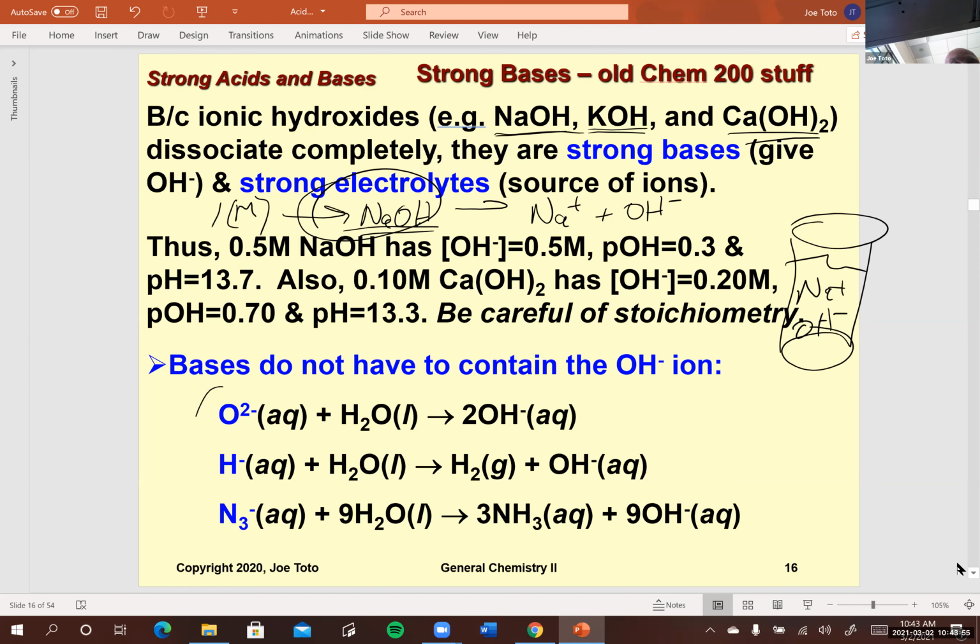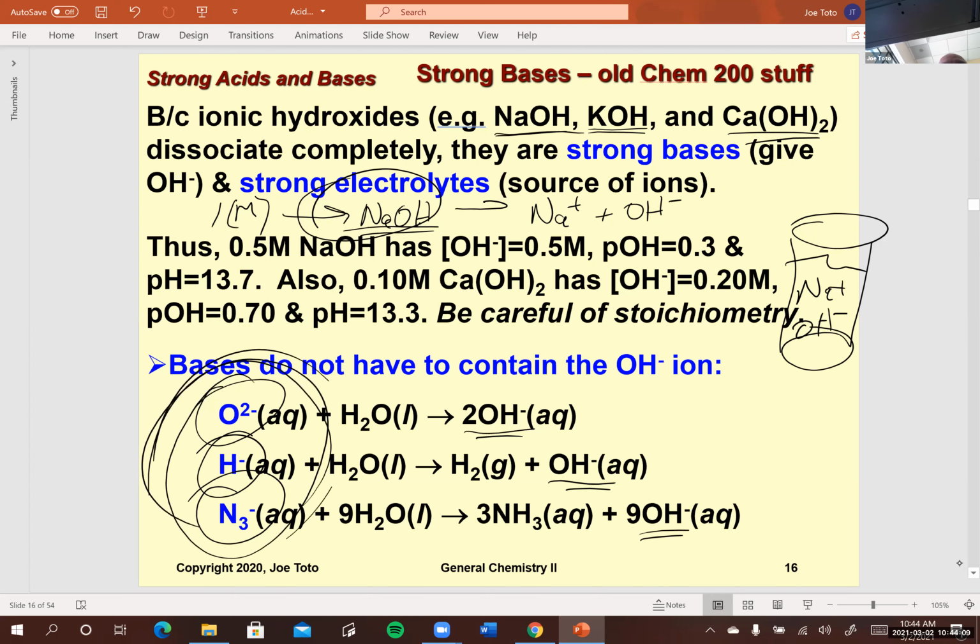Now there's other strong bases that can exist as well, and they can generate a concentration of hydroxides. But in Chem 201, we don't usually look at these guys so much. We stick to the metal hydroxides. So if we're recognizing strong bases, it's a lot easier, I think, than the strong acids case.